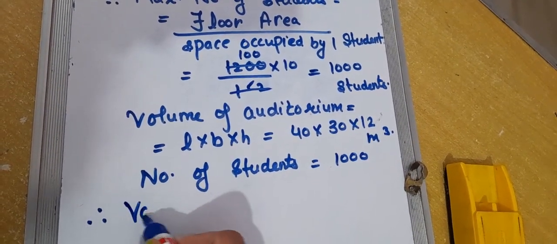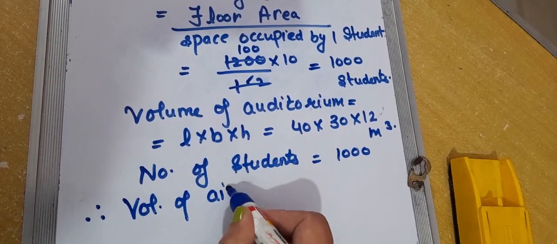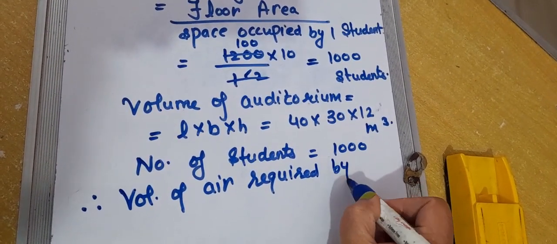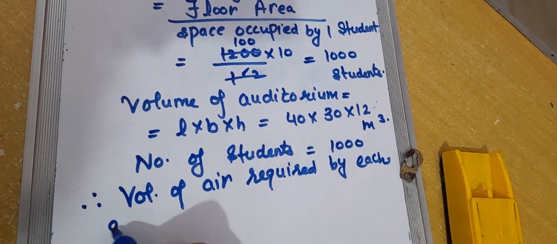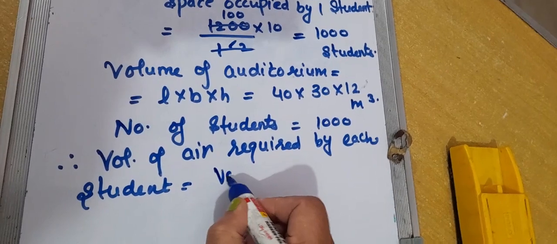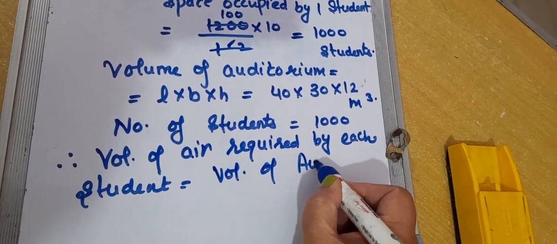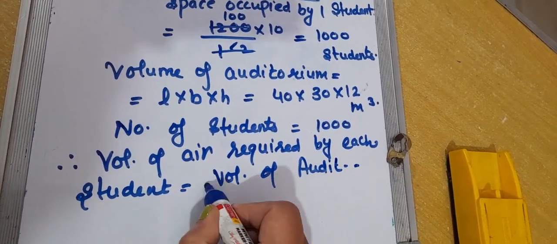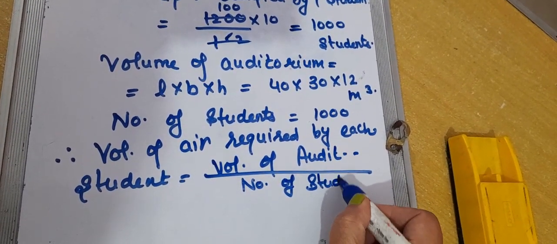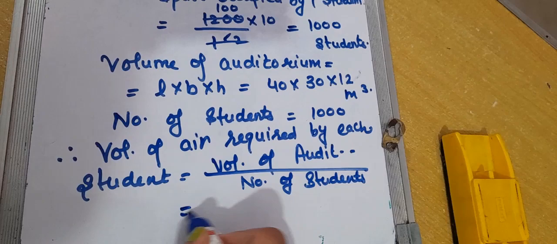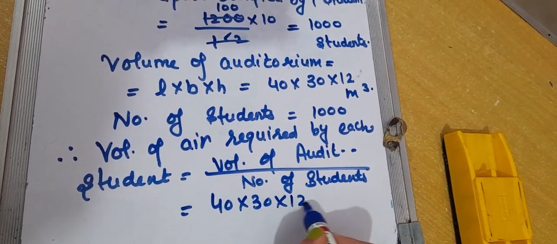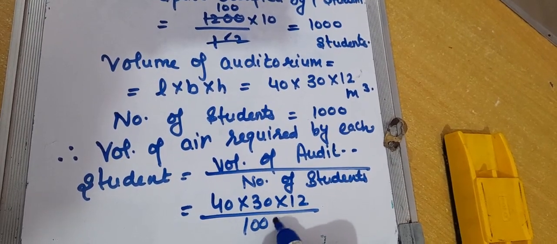So the volume of air required by each student will be volume of auditorium divided by number of students. So 40 into 30 into 12 upon 1000.